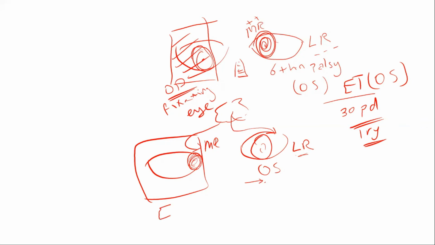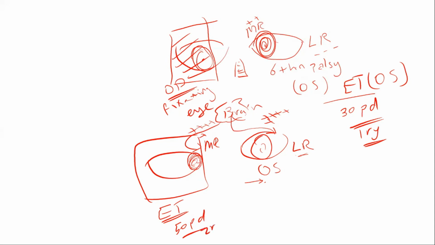And now imagine how much esotropia. It should be maybe 50 prism diopters. Because here the brain is sending too many impulses to this paralytic lateral rectus to contract so that this eye takes the fixation. At the same time, equal impulses are sent to the medial rectus, and that's why the esotropia here is very large in comparison to the primary deviation in the left eye.